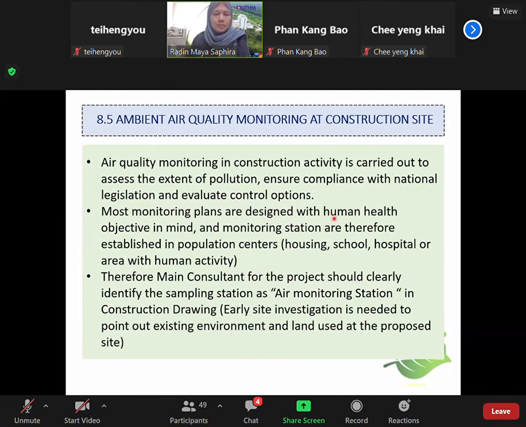Banyaklah abu-abu particulate matter, right? So most monitoring plans are designed with a human health objective. So we need to have the monitoring station. Okay, especially when the construction site is near a very sensitive area like a residential area, school, hospital, or area with human activity.